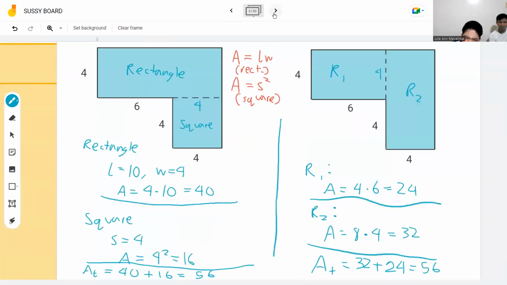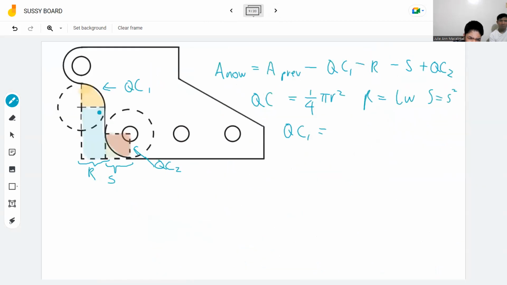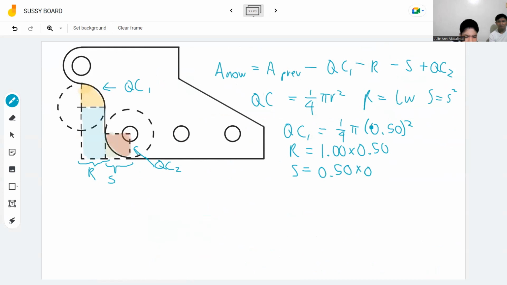Okay, because this is a radius, the width of the rectangle is 0.50. So quarter circle 1 is 1/4 pi times 0.50 squared. I will not evaluate yet. Rectangle is equal to 1.00 times 0.50. Square is equal to 0.50 times 0.50, that is 0.50 squared, because the radius of this semicircle is 0.50.